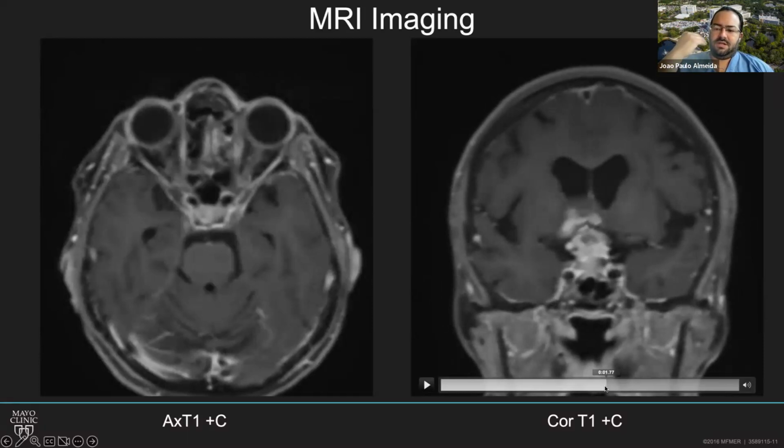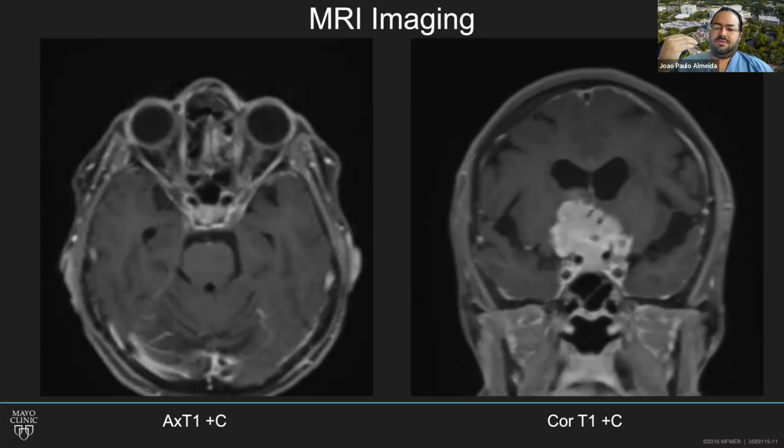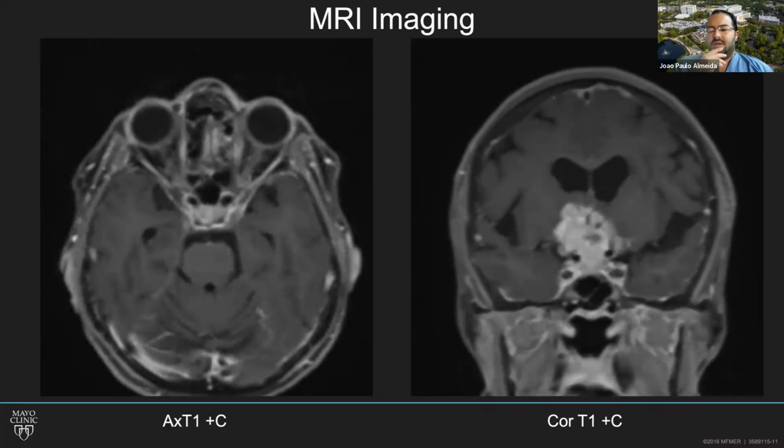And that's where resection can become very challenging, depending on the consistency of the tumor. And we have to remember the goals of surgery, the age of the patient, and so on and so forth.